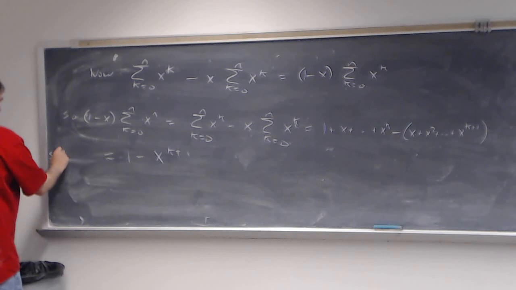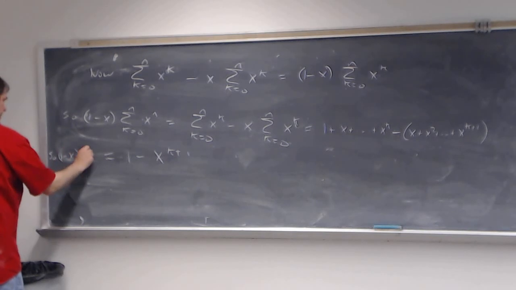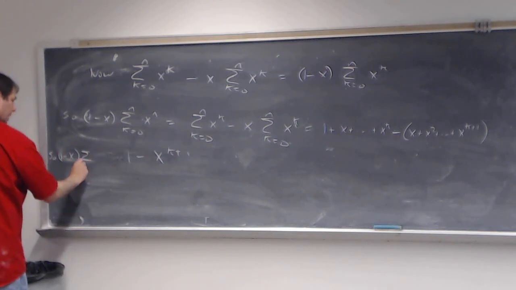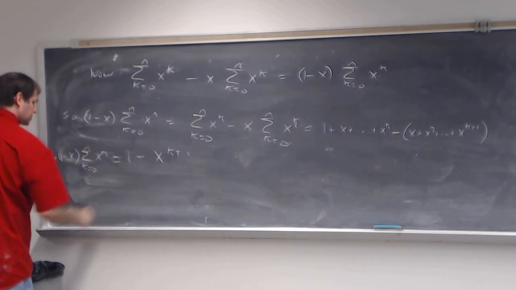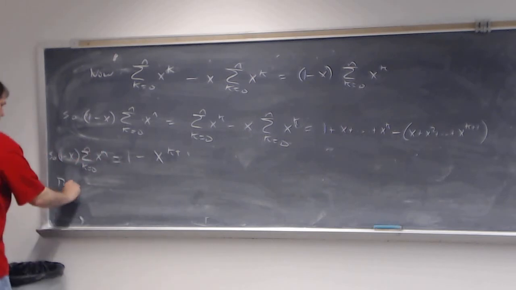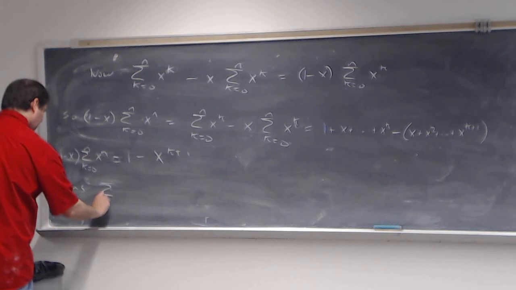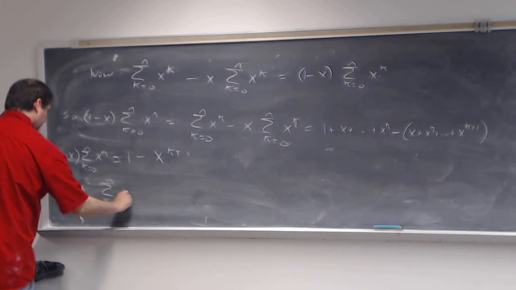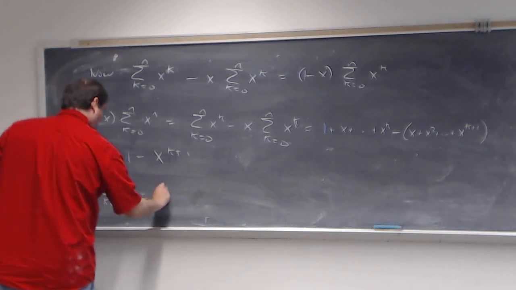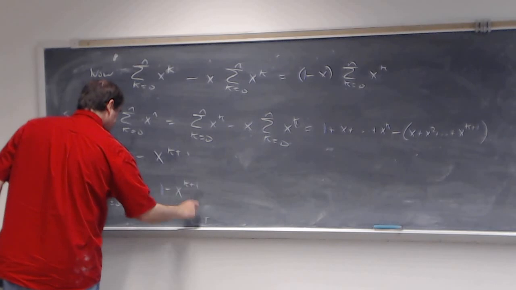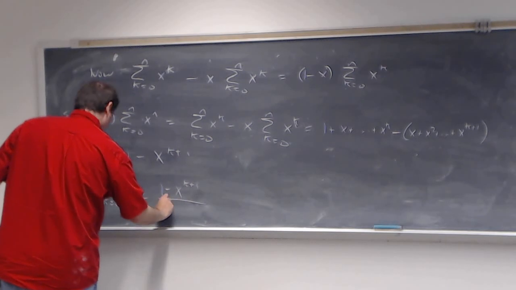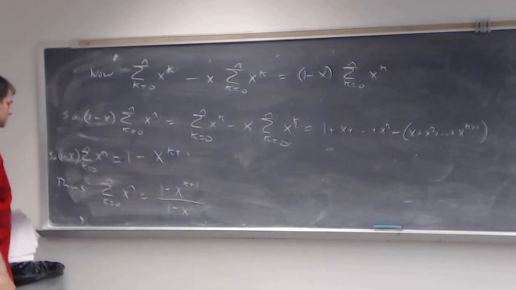So that means that this quantity, 1 minus x, times this sum as k runs from 0 to n of x to the k, is equal to this quantity. Thus, we have that this sum, as k runs from 0 to n, of x to the k, is equal to 1 minus x to the n plus 1, all over 1 minus x.